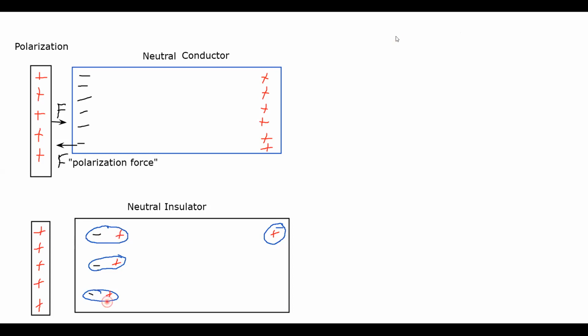Now, what happens to this dipole as you start to go further away from the rod? Well, as you go further away, that dipole is going to get a little weaker. So maybe not as elongated. I'll try my best to draw it. It starts to get more like a circle. So that dipole starts to weaken, and the negative charges get a little bit closer to the positive charges.